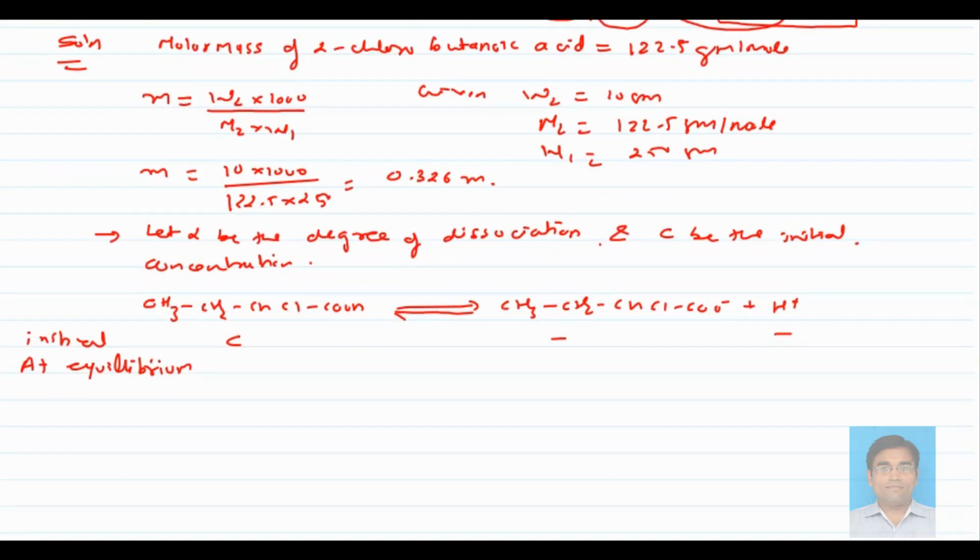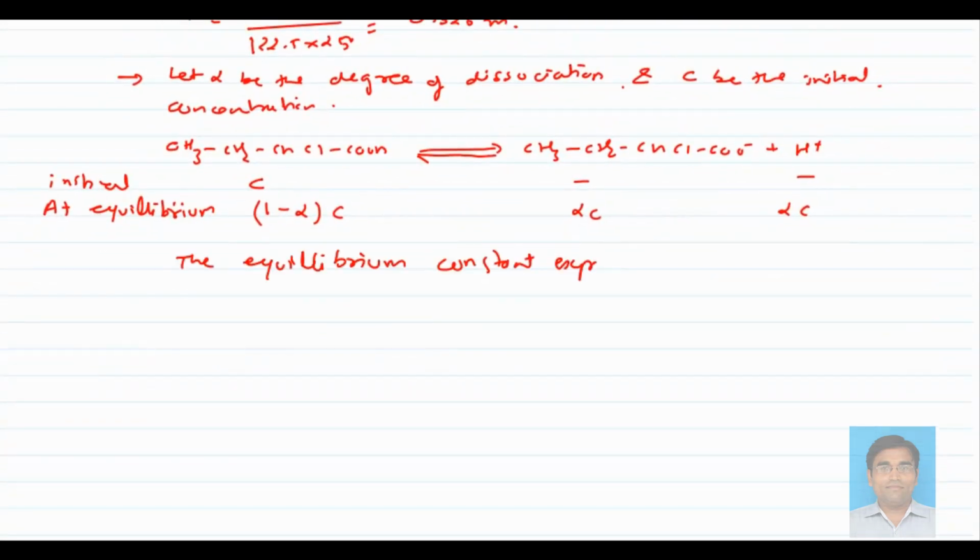At equilibrium, it will be 1 minus alpha into C, and here it will be alpha into C, alpha into C. Now we are going to write the expression of the equilibrium constant, and that is Ka equals alpha into C upon 1 minus alpha into C. Then it will be alpha square C upon 1 minus alpha.